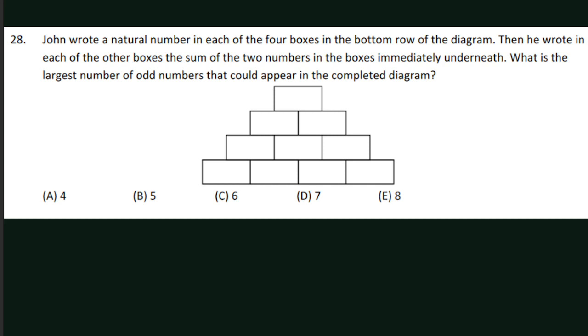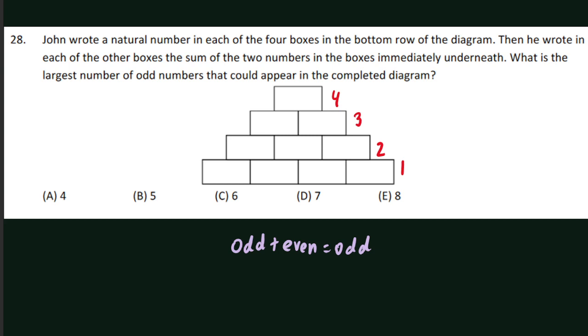So first let's label the rows. So this could be row 4, row 3, row 2, and row 1. And I just want to make another thing clear. Actually, another 3 things. So first, when we add an odd number and an even number, we always get an odd number. You can try this out at home with any of your favorite odd numbers or even numbers.